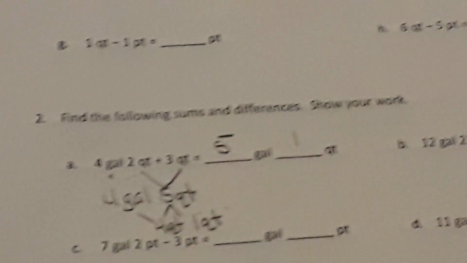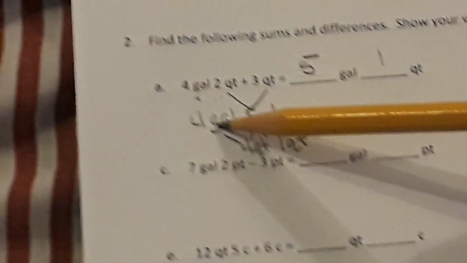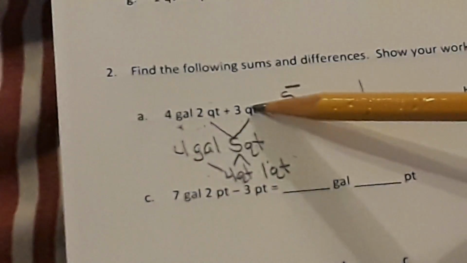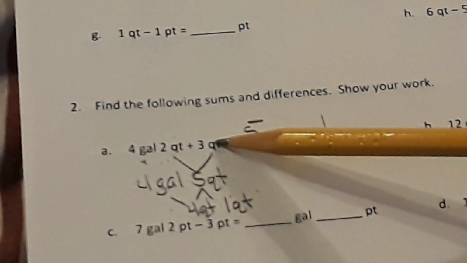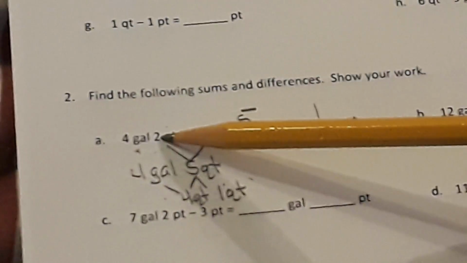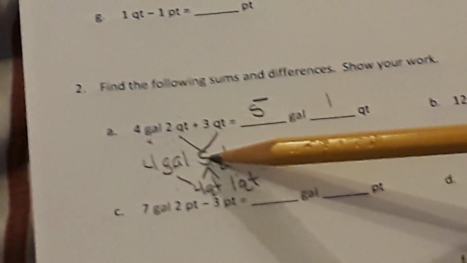And I'm sorry if I confused you, because I keep saying quarts when I mean gallons. So let me say that again. You keep your 4 gallons because you cannot add those to the quarts, and then you add your 2 quarts and your 3 quarts to make 5 quarts.